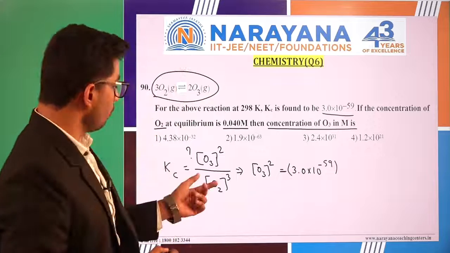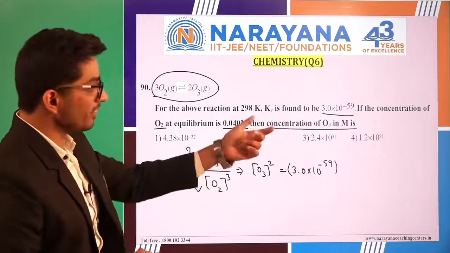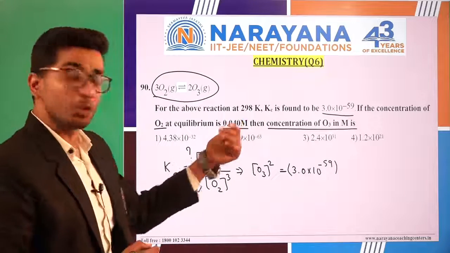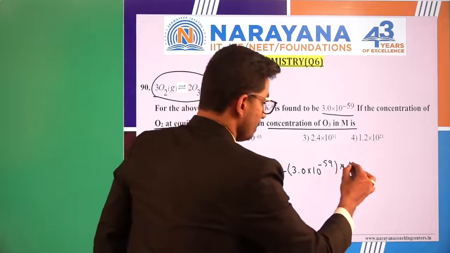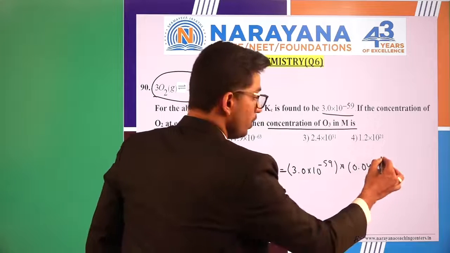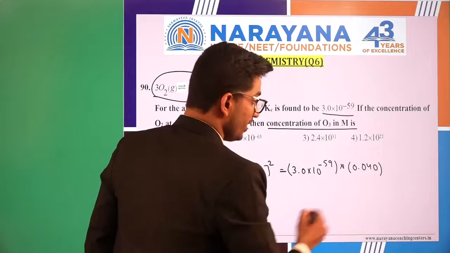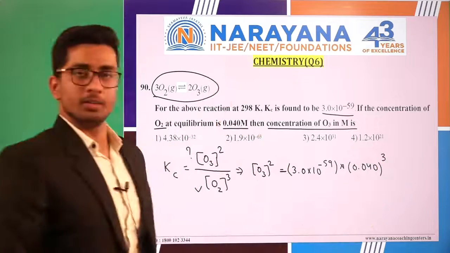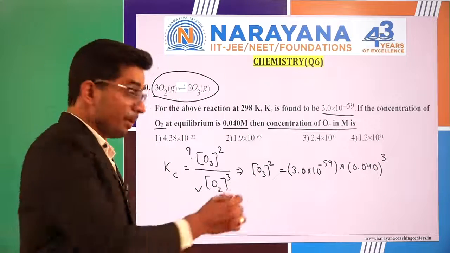and what is the value of O2 concentration? It is 0.040. So I am writing 0.040 whole cube. So on solving this, remember this is square.